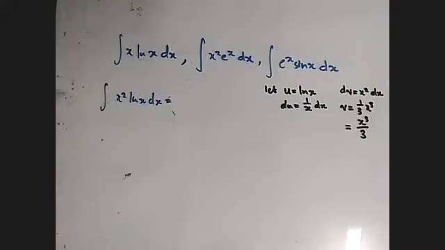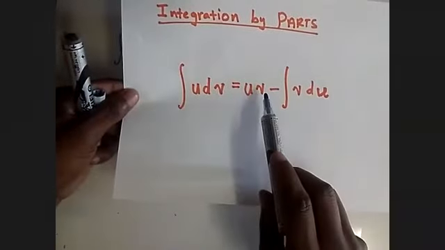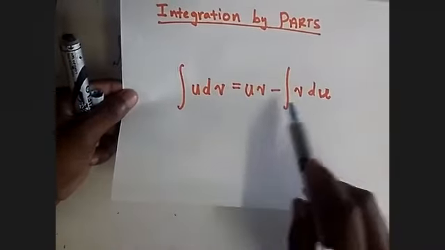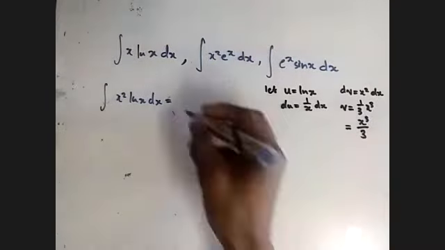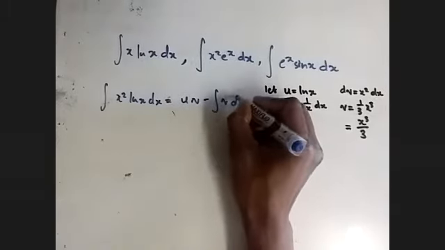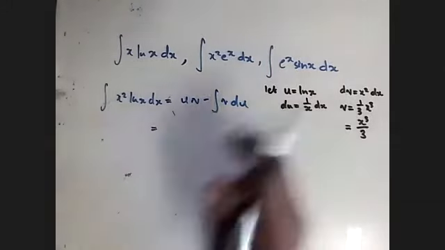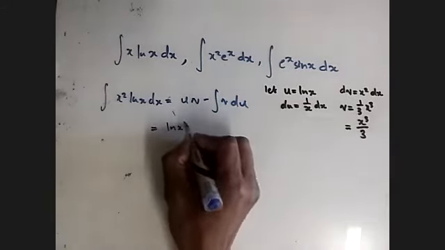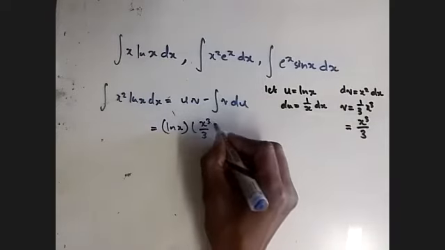Now we said we are going to have multiplication of u and v minus the integral of v du. Let me just write it down. u times v minus the integral of v du. So the value of u is ln x and the value of v is x cubed divided by 3.